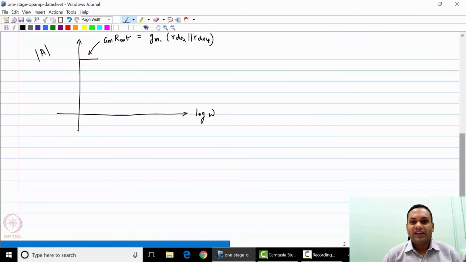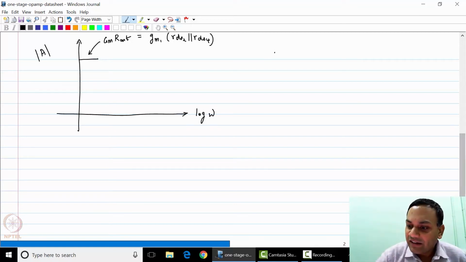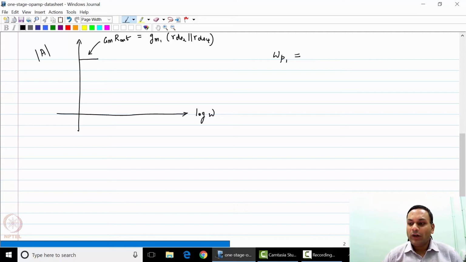Now, because you have a resistance R out and a capacitance CL, this op-amp is going to have a pole, and the pole frequency, I'll call that omega P1, is going to occur at 1 over R out times CL.